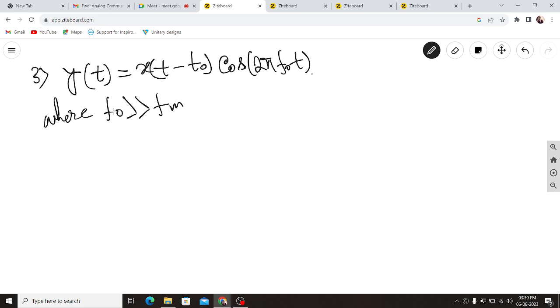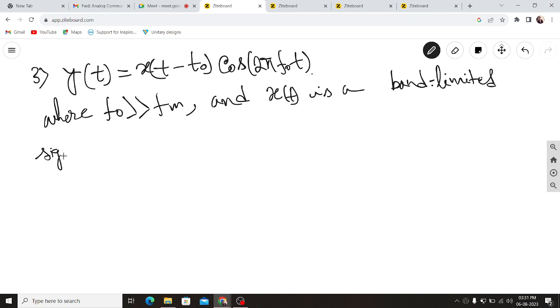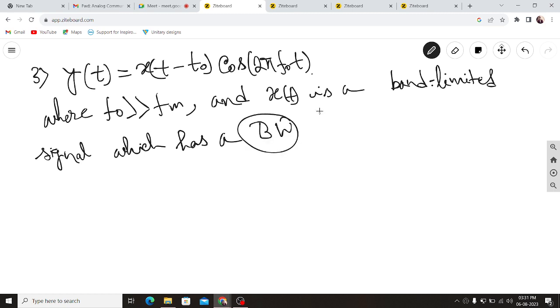I will say what fm is later. x(t) is a band limited signal which has a bandwidth fm. So f0 is greater than this fm.